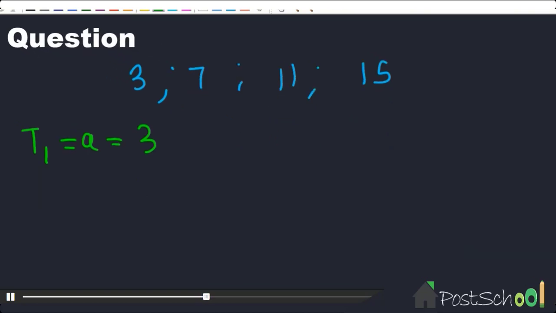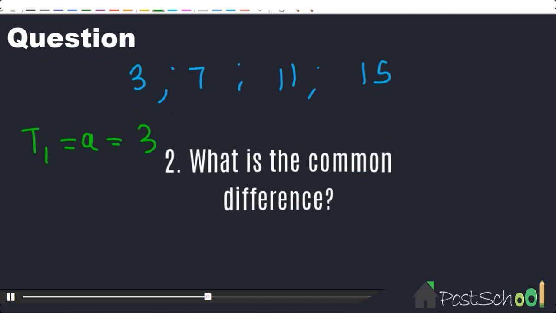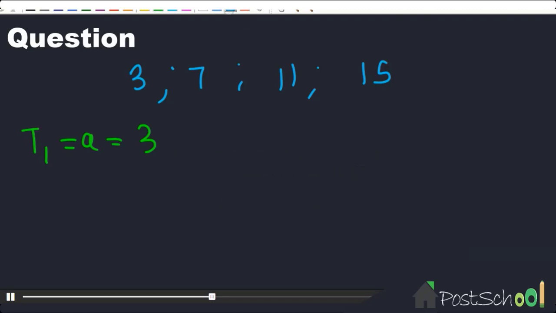Now what is our difference from this pattern or sequence? The difference is going to be 4. You can see that I added 4 from 3 to get 7. So I add 4, I add 4, I add 4.